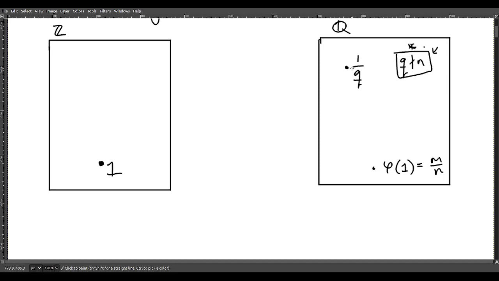All right. So now, because we have an element in the rationals, 1 over q, that means by the fact that phi is a bijection, or because it's a surjection, we know that there must exist some integer k in the integers, which when you do phi of k is equal to 1 over q.